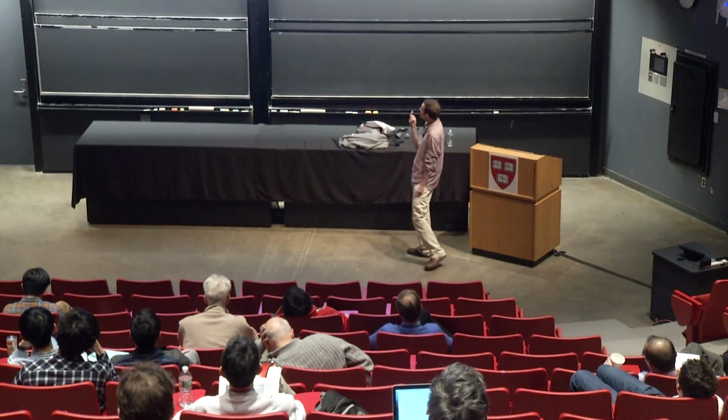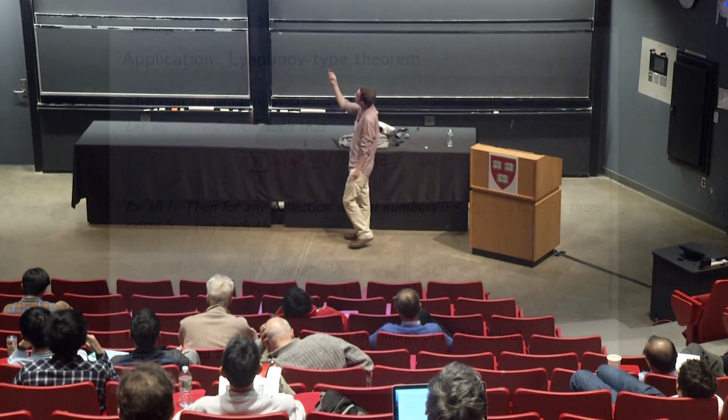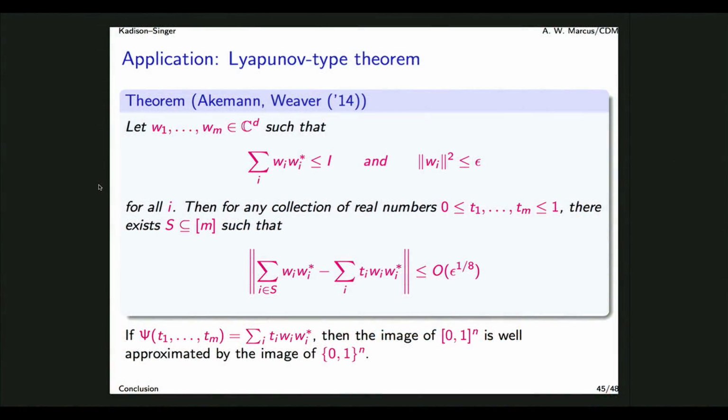So if you imagine that psi is this linear function which maps the ti's to the sum of the ti wi wi star, then what this is saying is that the image of the entire cube is well approximated up to some epsilon by the image of just the corners of the cube.